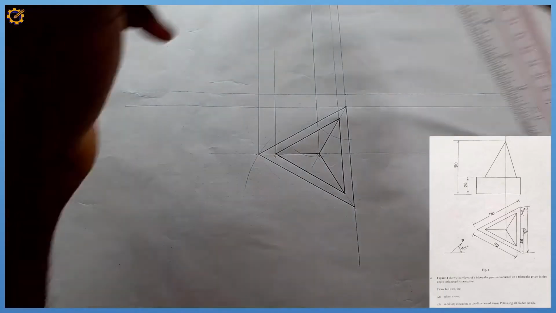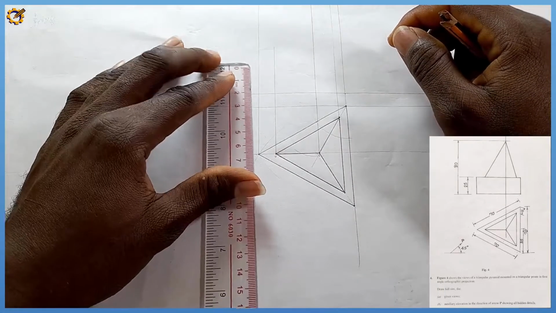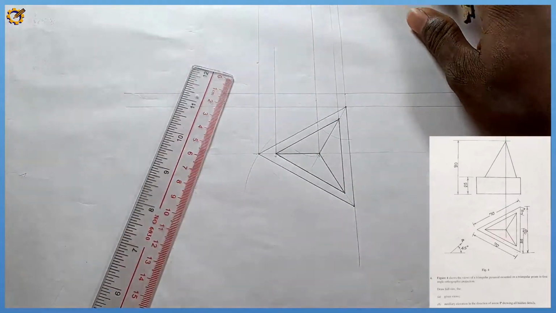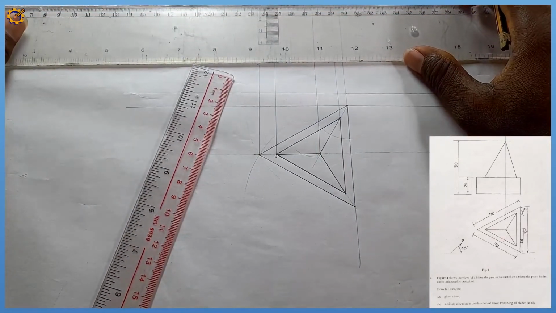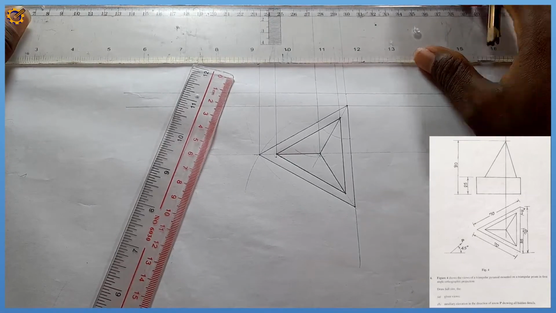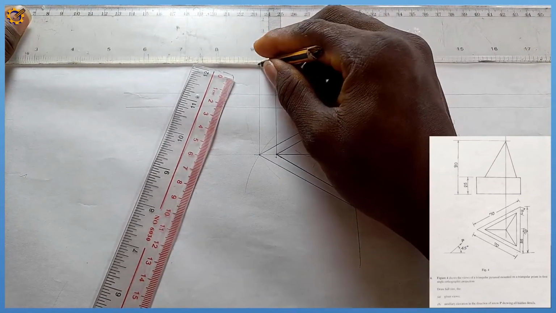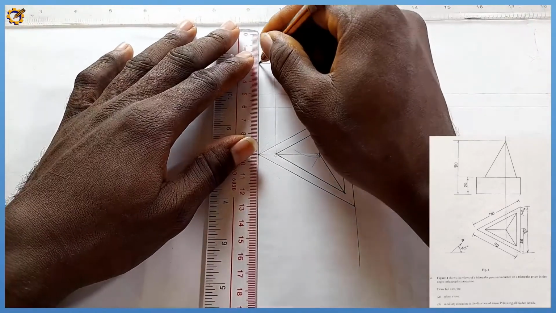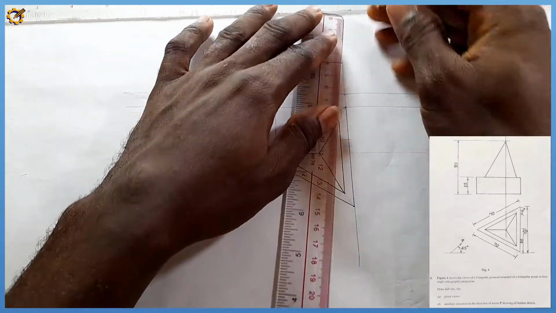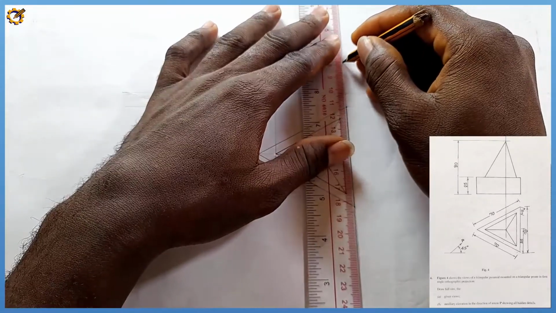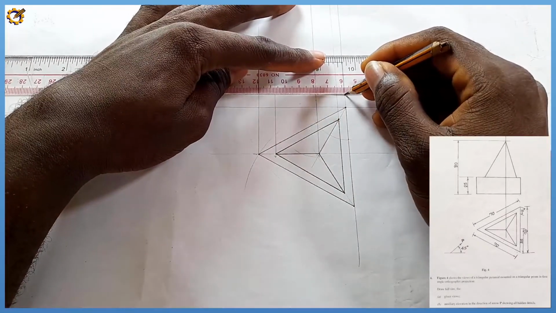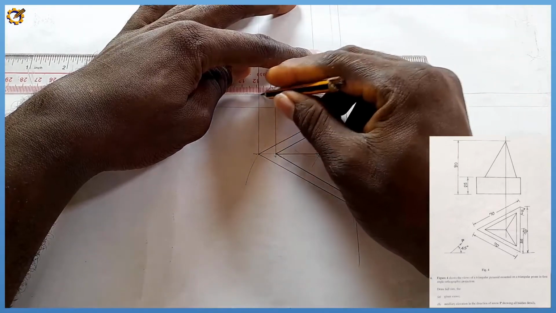So after doing that, we are told that the base of our elevation is 25. With mark 25 from here, I draw, and I'm going to draw that out boldly like this. Okay, and I'm going to thicken this, then thicken this.